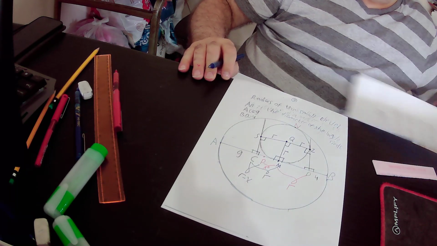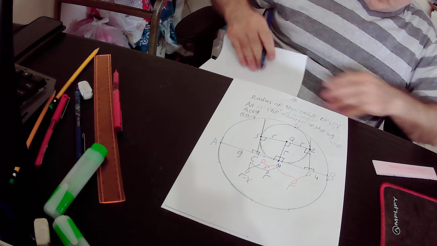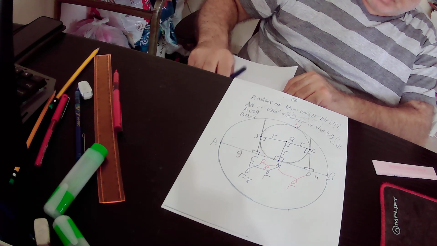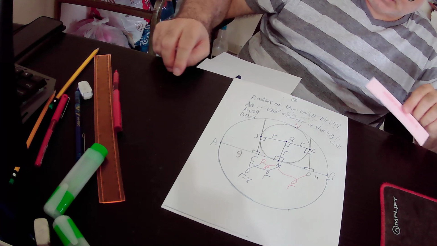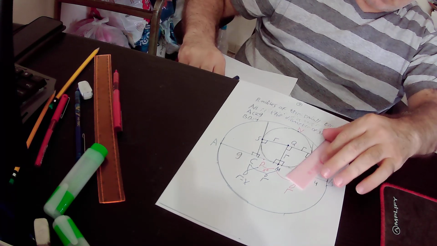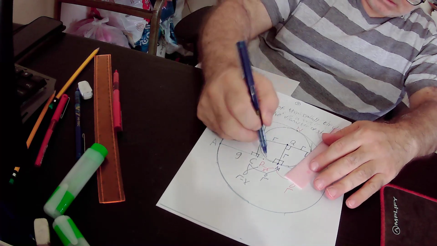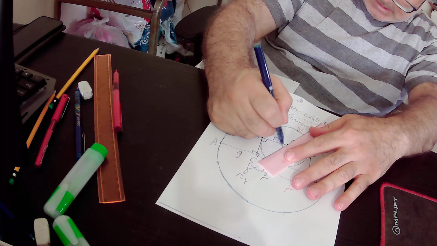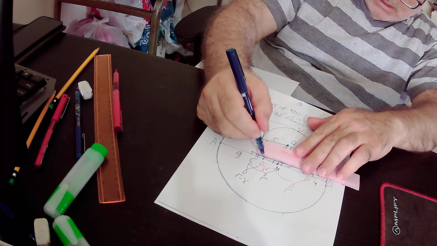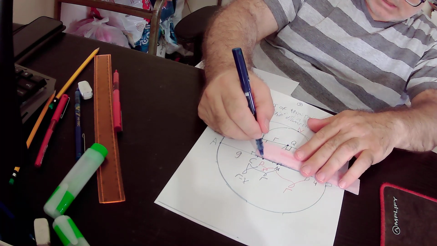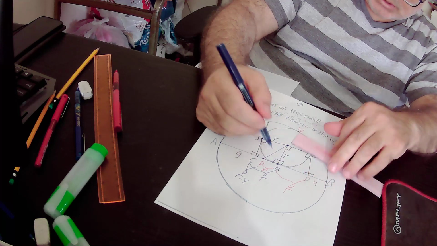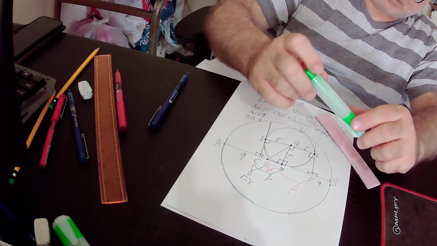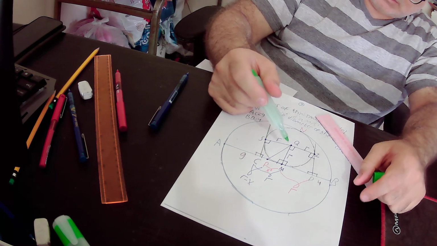In the next step we will connect points Q and P by a straight line. Actually, we have here triangle QMP.